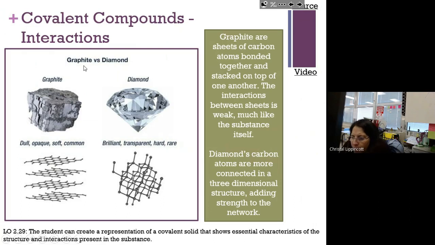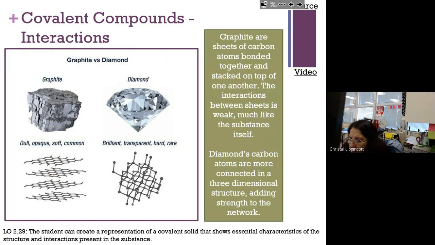All right, covalent compounds, continuing with that, we've got graphite. Sheets of carbon are bonded together and stacked on top of each other. When you are writing with a pencil, what you're doing is sloughing off sheets of that graphite. It's coming across as sheets, and that's what you're laying down on the paper. Those are arranged in this shape, but they have no interaction.